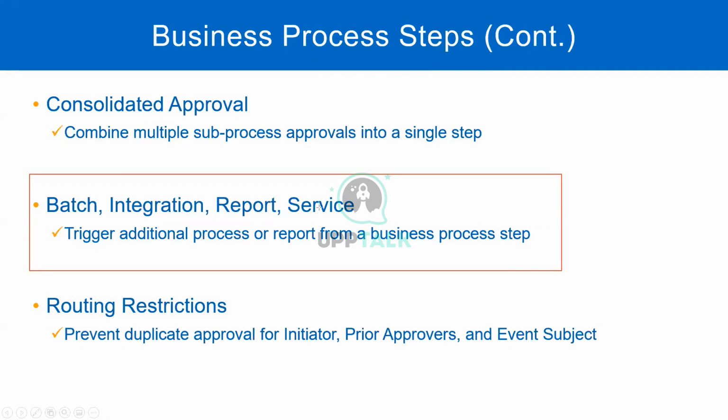We will use the integration, report, service and batch when we talk about the integration business process. Service we will use here as well, but integration we will definitely use when we are creating our integrations. So the point is, from within a business process you can also trigger these additional processes.